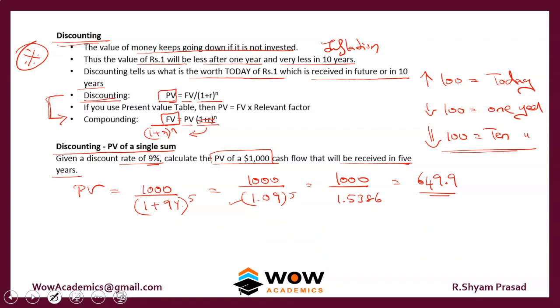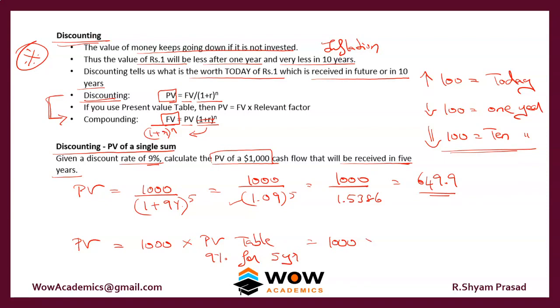So we'll again do the same logic with the table. Take the 1000 and, rather than divide, multiply it with the present value table. In the present value table, you have to look at 9% for 5 years.